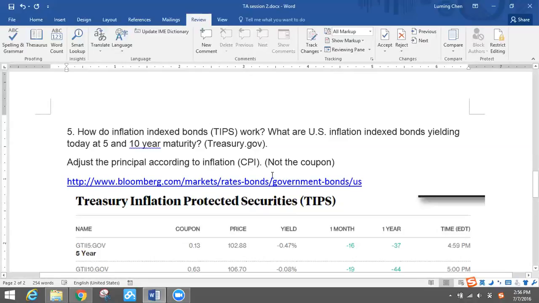They adjust the principal, not the coupon. So what are the US inflation index bonds yielding today at 5 and 10-year maturity?